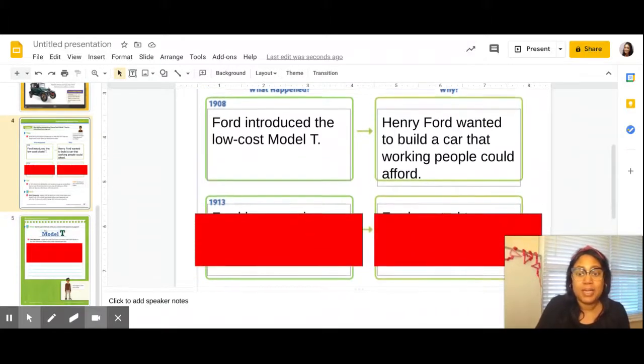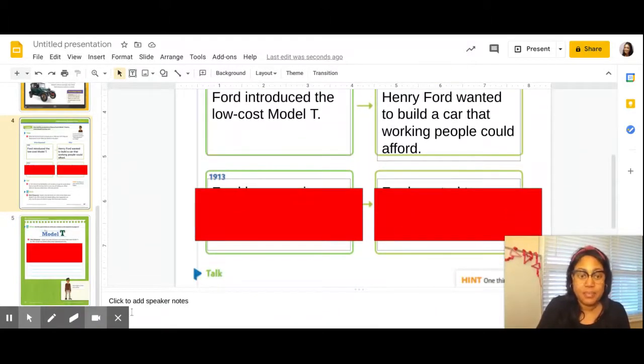Well, let's look at what happened in 1913. Okay, going back to the text in paragraph 2, it says, these numbers stick out to me like flashing lights. I see 1913. In 1913, Ford began producing cars with the help of a moving assembly line. Oh, look like that commercial break. All right, so what happened?